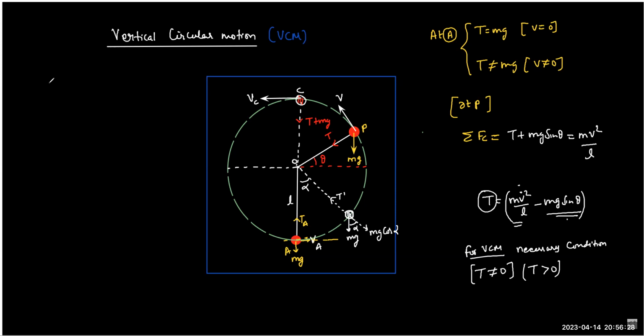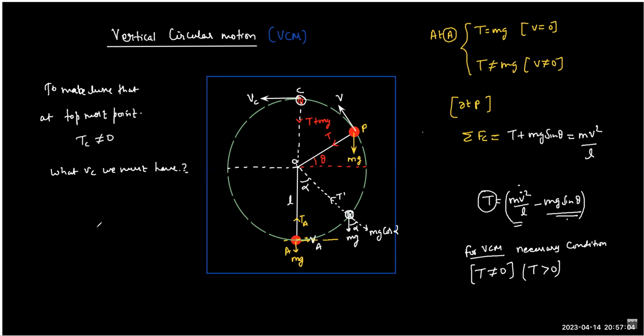So to make sure that the tension at the topmost point is non-zero, what VC must we have? That is the question we are trying to answer here, and now it's easy.